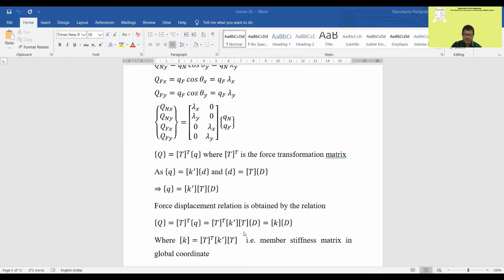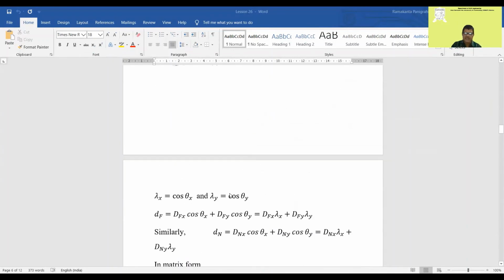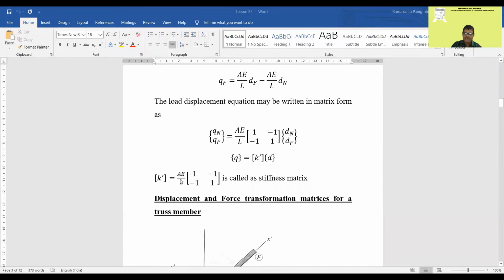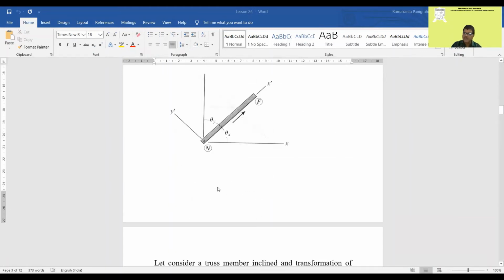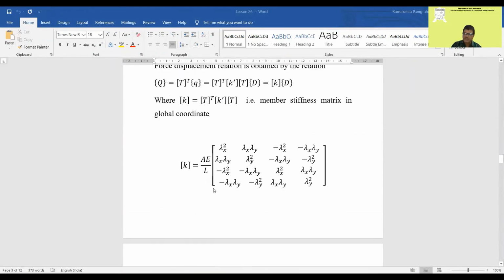Now T transpose K dash T is called the member stiffness matrix in the global coordinate. In the local coordinate, what is the matrix? AE by L, 1 minus 1, minus 1 1. That is your K dash, right? We have seen it in the beginning. AE by L, 1 minus 1, minus 1 1 is called the stiffness matrix in the local coordinate. Now if we go to global coordinate, what is the stiffness matrix?